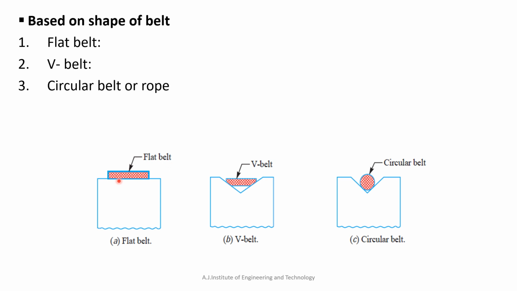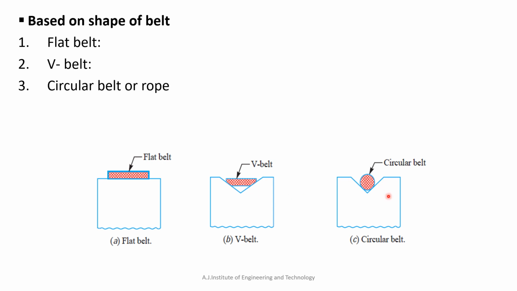If the center distance is very low, less than 4 meters, then you can use a V belt. A large amount of power can be transmitted with the help of V belt drives, but only over a small distance. That is the disadvantage of the V belt.